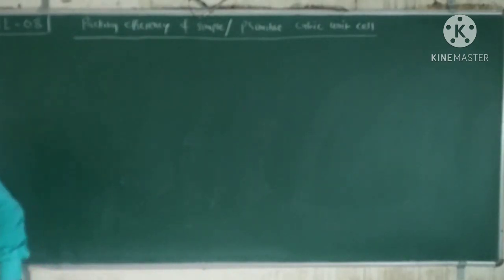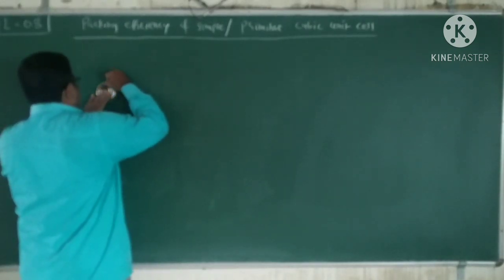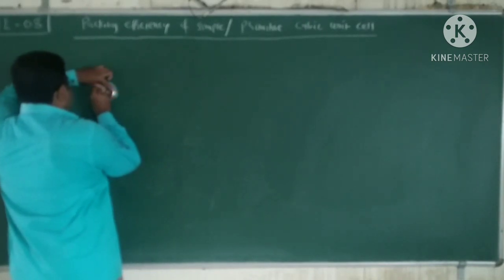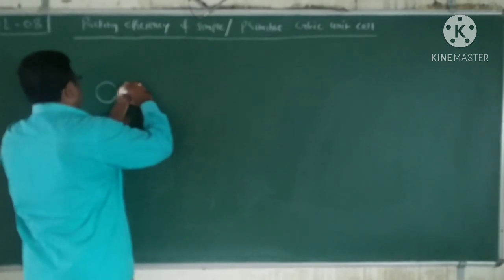We have to start with the diagram. We have to draw only 2 spheres here, like this, side by side.